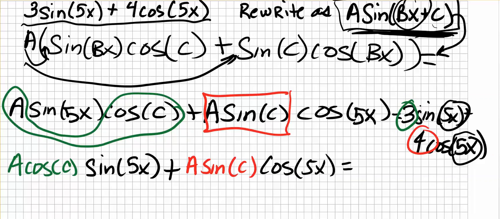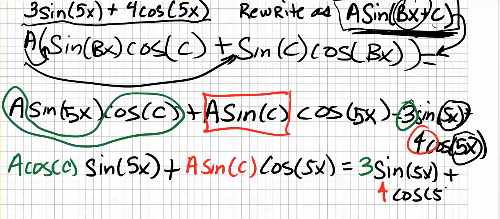So, with green, I'm going to write 3, then black, sine of 5x plus 4 cosine of 5x.